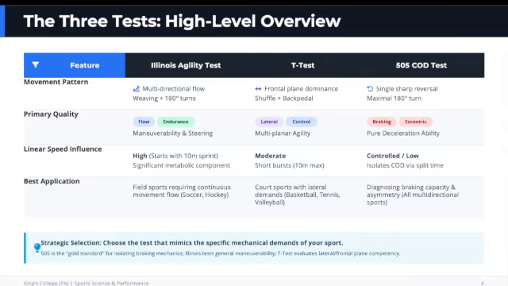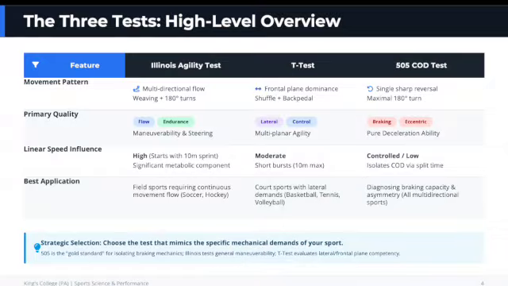The three tests, a high level overview. The Illinois agility test is a multi-directional flow, weaving plus 180 turns. The T test is frontal plane dominance, shuffle plus back pedal.